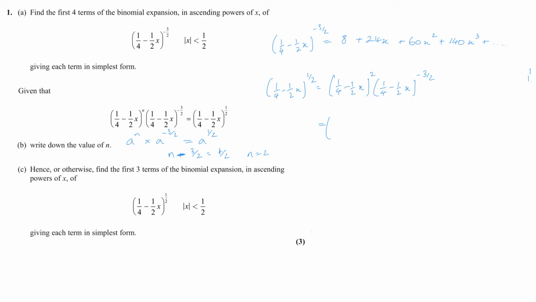So expanding this one, the squared term is going to be a quarter squared, so that's 1/16th, plus double the product, so a quarter times minus a half is minus 1/8, double is minus a quarter x, and then square the last term, plus 1/4 x squared.